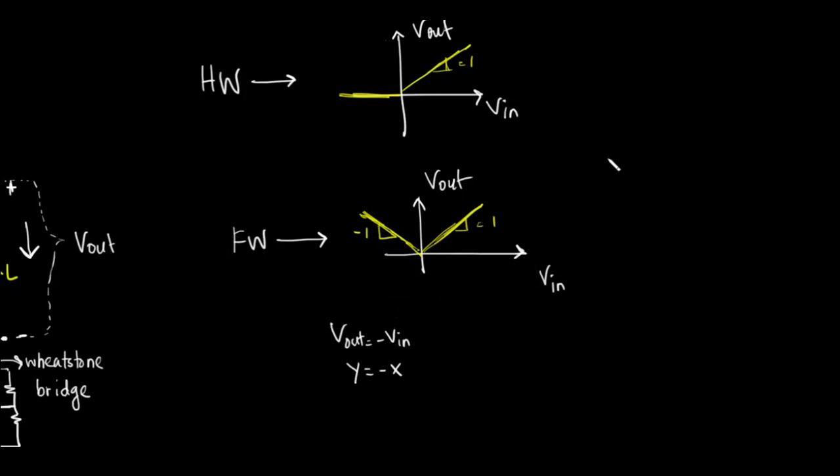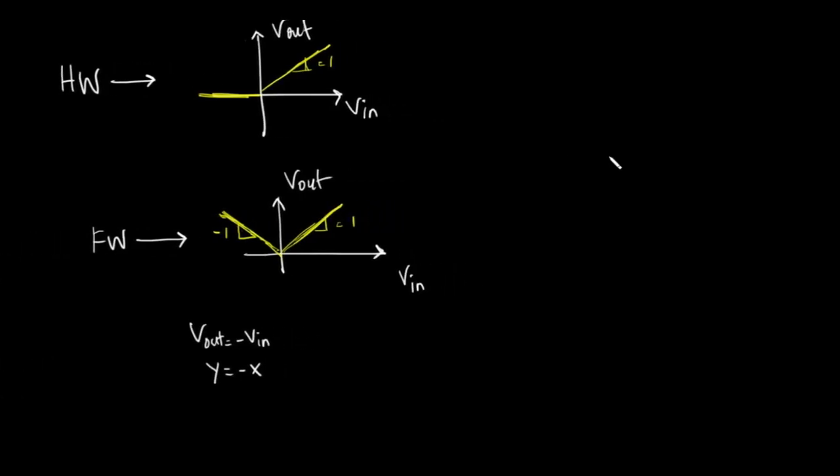One assumption that we have made in this circuit, I should probably say explicitly, is that all the diodes are ideal. That means when the diode turns on, it is completely a short circuit, and when the diode is off, it is completely an open circuit.